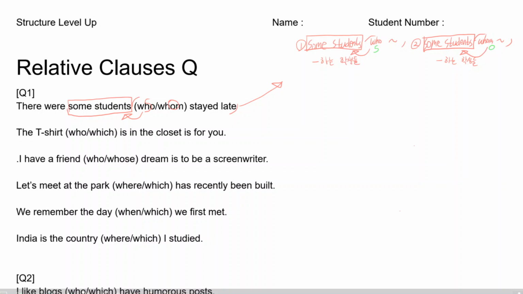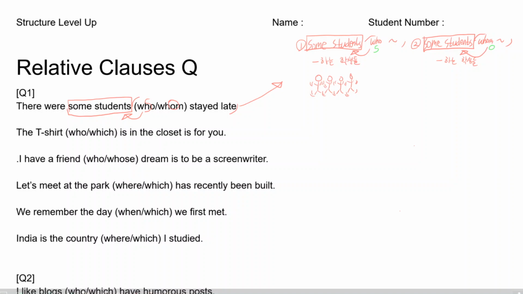That's the difference. And if we were to draw a picture of this, it would look like this, right? Some students who means the students were doing something by themselves, right?